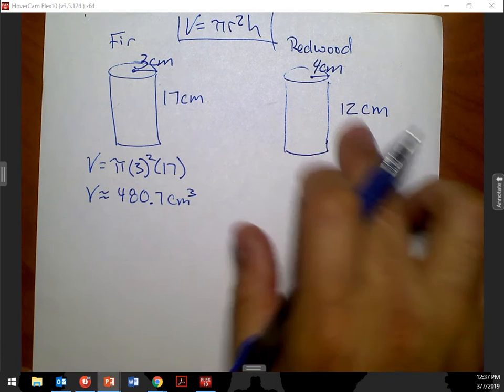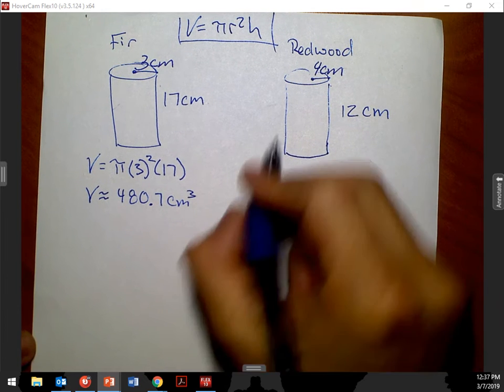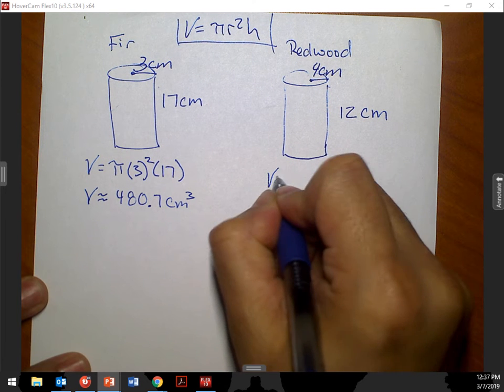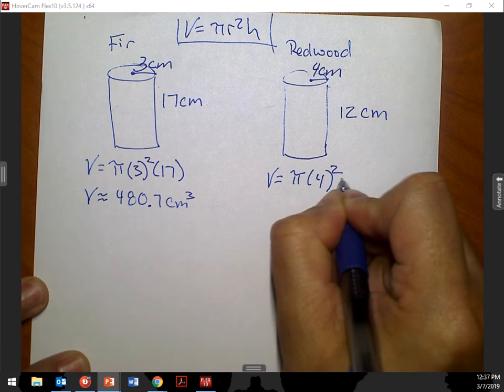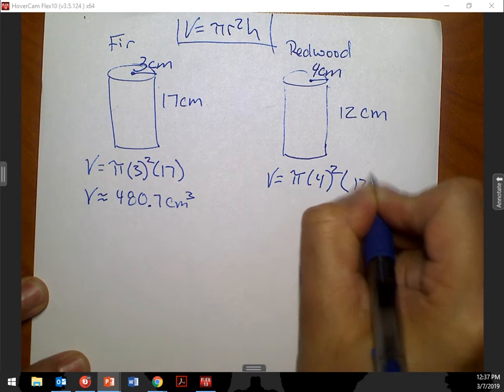Now we're going to do the same thing on this one. So this is going to be, volume is pi 4 squared times 12.